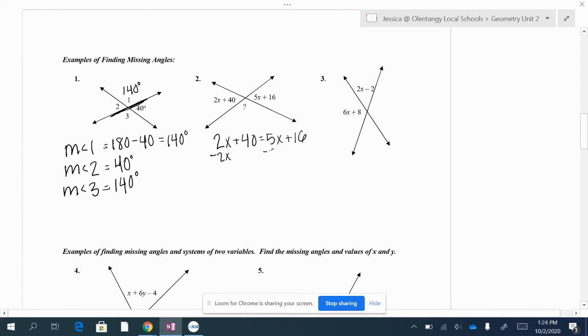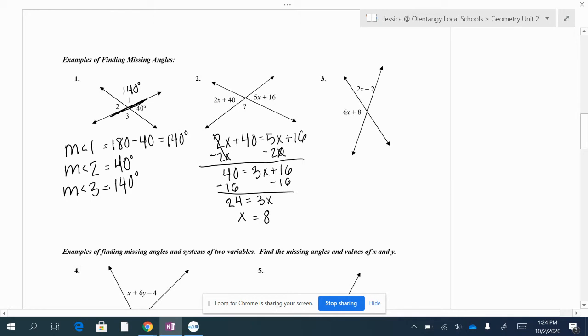Subtract 2x from both sides. 40 equals 3x plus 16. Then I get 24 equal to 3x, and then x will equal 8.